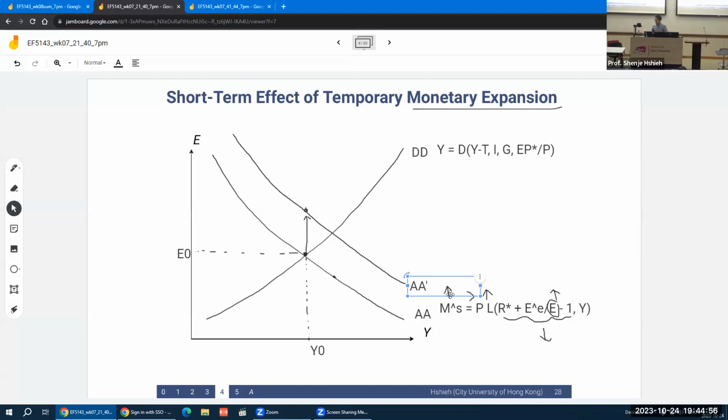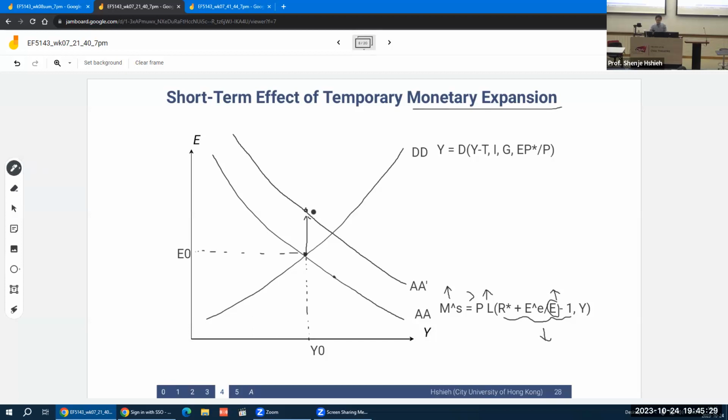And you all know the mechanism of why that's the case. If you have an increased money supply, interest rates go down. If interest rates go down, investors come in and conduct carry trade. That's going to restore equilibrium, and that requires the entire AA schedule moving up. That's the mechanism.